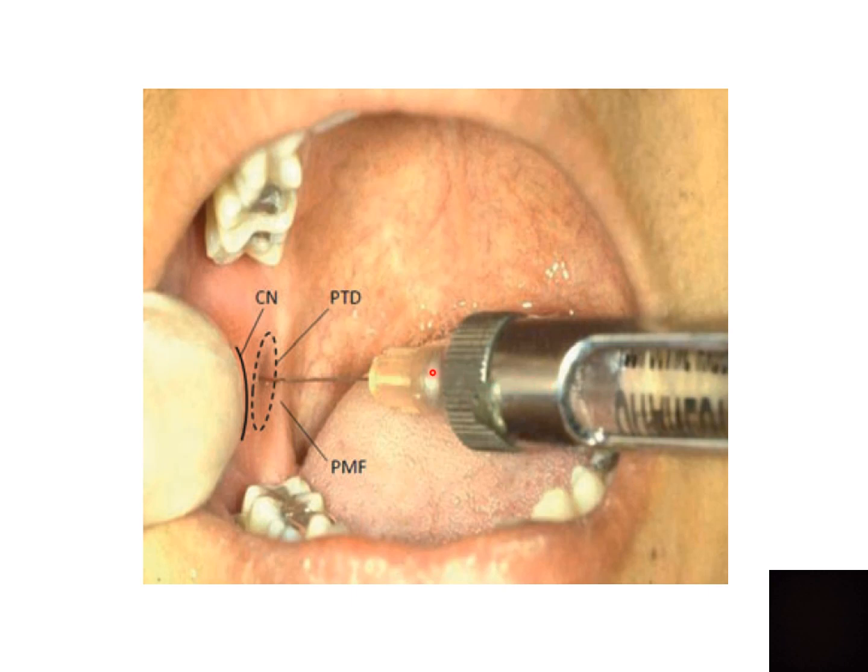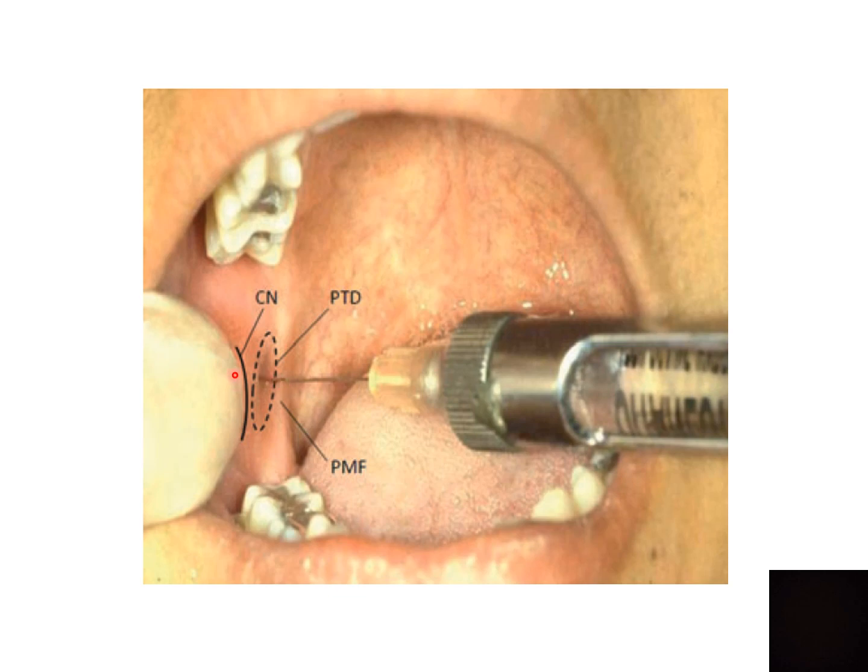So you would advance the needle into the pterygotemporal depression, and at a depth of 2 to 2.5 centimeters, you would expect to encounter bony resistance, which would imply that you have hit the medial aspect of the mandibular ramus with your needle.